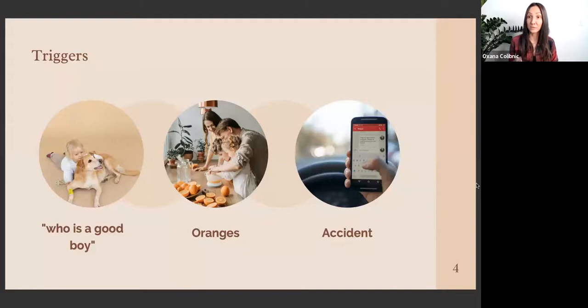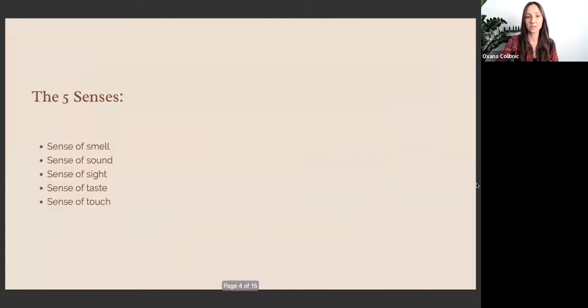And every time they would smell a dog or even see a dog or hear a dog, they would probably have this reaction. This bodily reaction would be turned on in their body. Same with the oranges and same with the car accidents. So the triggers are recorded for our safety, right? Everything that is smell, sound, sight, taste, and touch will be recorded by your unconscious mind in order to prevent you from getting in the same situation in the future.